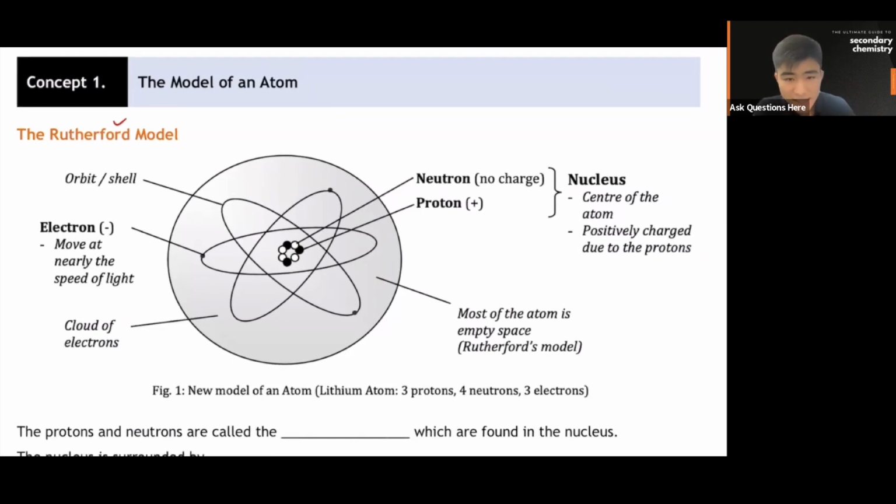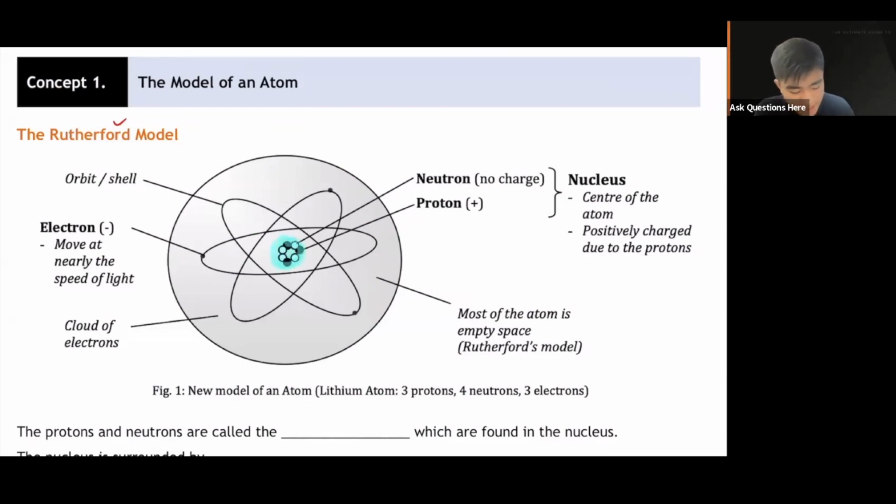Now, in an atom itself, we understand from primary school that each atom has different components to it. You understand in lower secondary as well that you have the nucleus and you have the electron shell. So I'm going to re-emphasize this idea again for you over here. The nucleus is at the center of the atom.